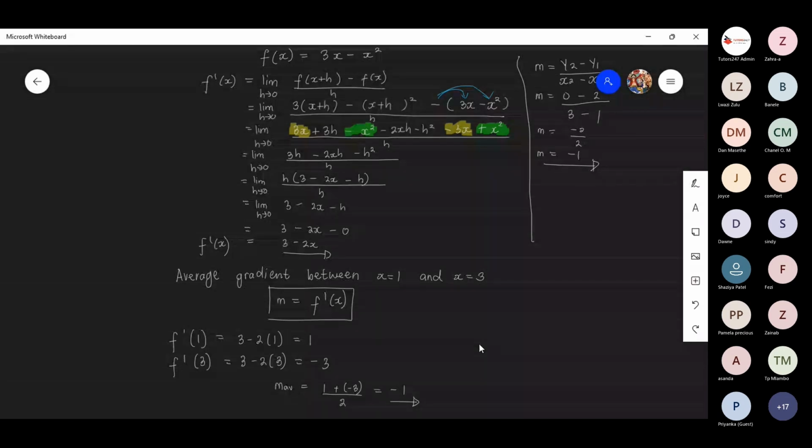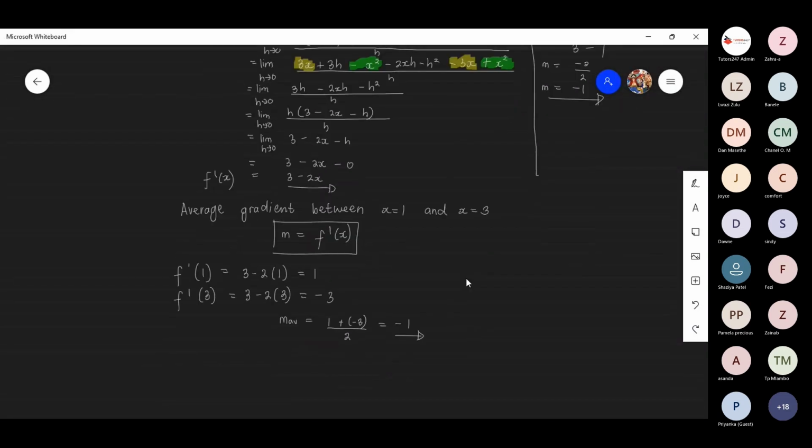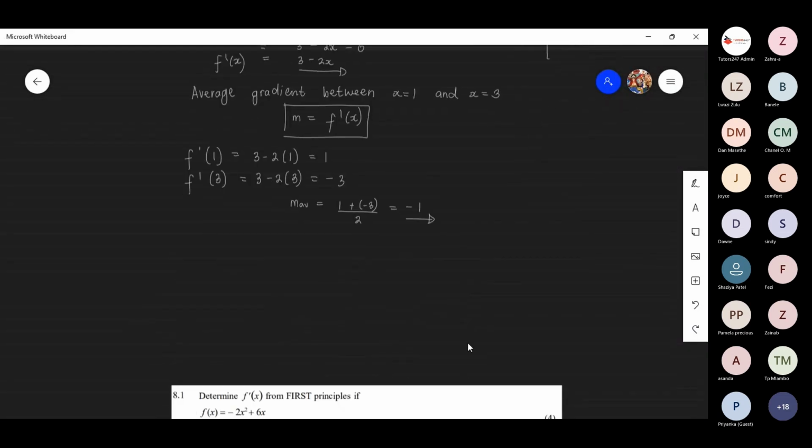If we only have 1 coordinate, or if we are only given 1 x value, we then need to use our derivative method for calculating gradient.